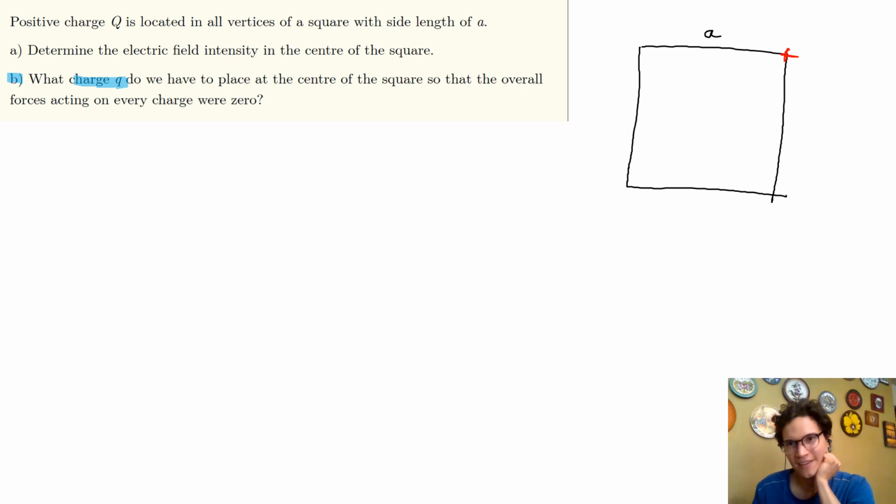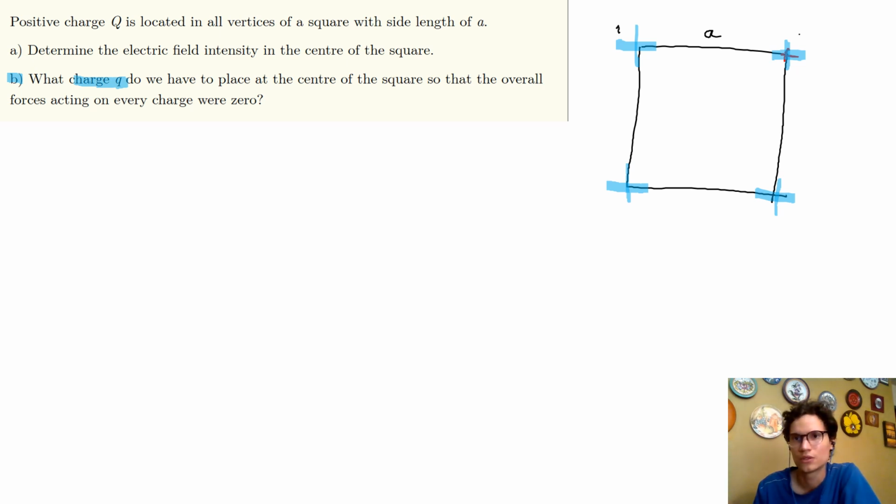In this case, the easiest way to solve that part of the problem is to observe that the forces acting upon one of the charges will be equal to the other ones. So to find the overall forces acting on each of the charges, we can do it on only one, and that will work for all of them.